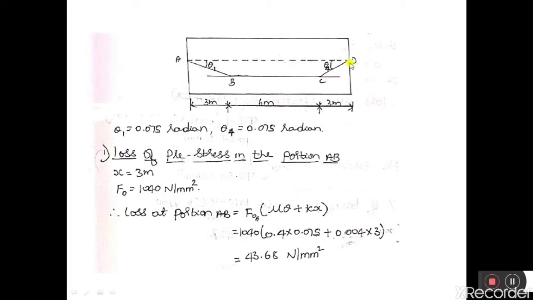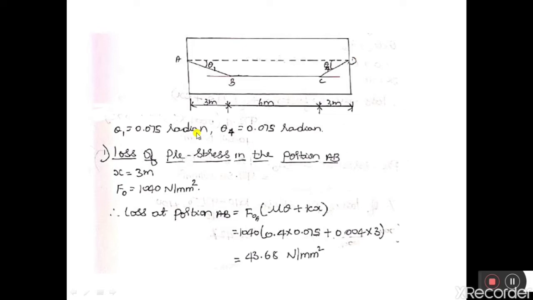So it is telling us to calculate what will be the initial stress or what will be the initial force at B, at C and at D. So we know the relation stress is equal to force by area. So using this relation we can calculate stress at B, C, D, as well as we can also calculate force, that is pre-stressing force at B, C, D.